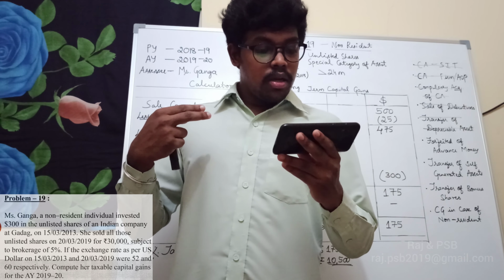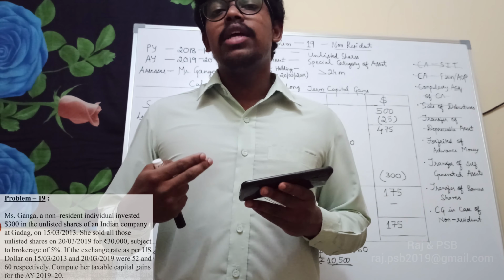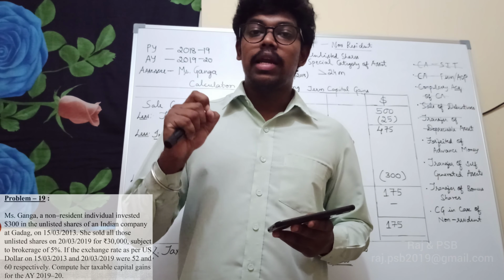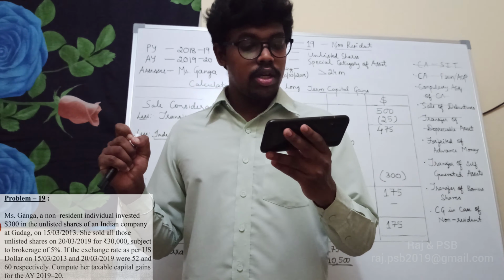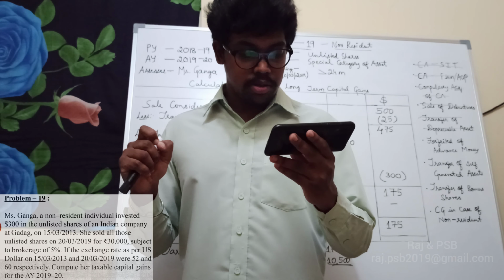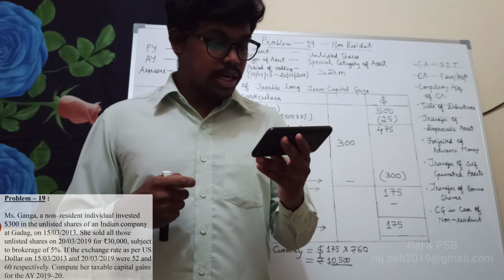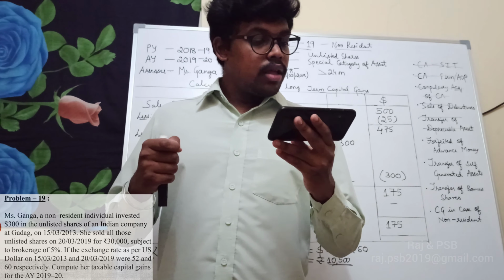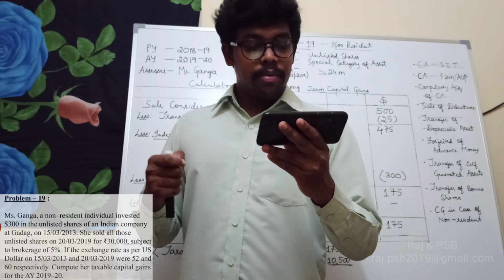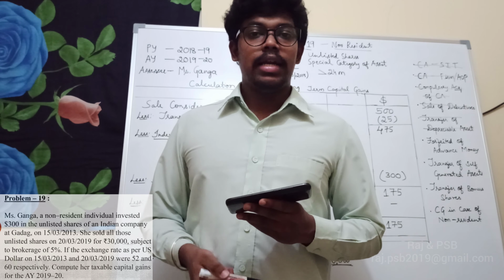Next, with the brokerage of 5%, we have to calculate the transfer expenses. Next, if the exchange rate as per US dollar on 15/3/2013 and 23/2019 were 52 and 60 respectively, compute taxable capital gains for the assessment year 2019-20.